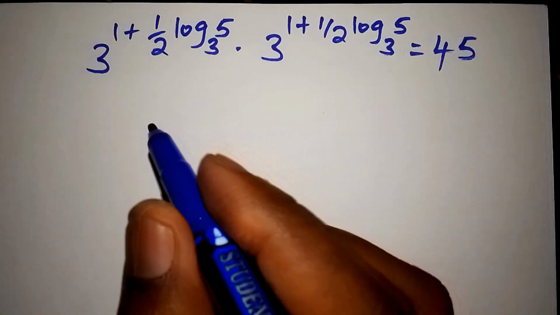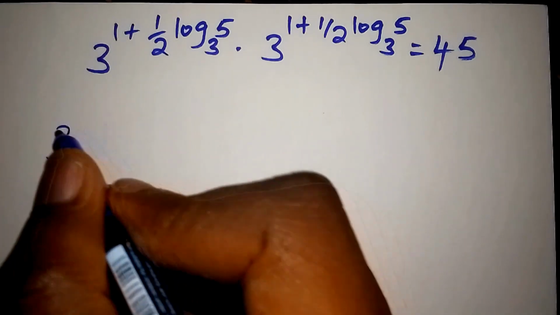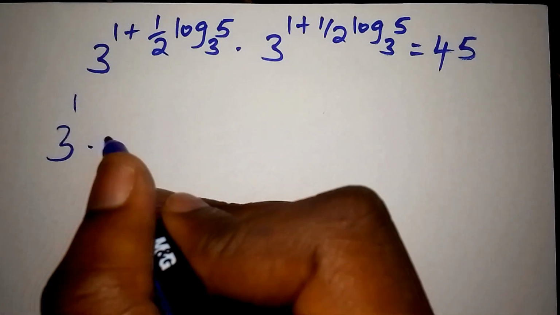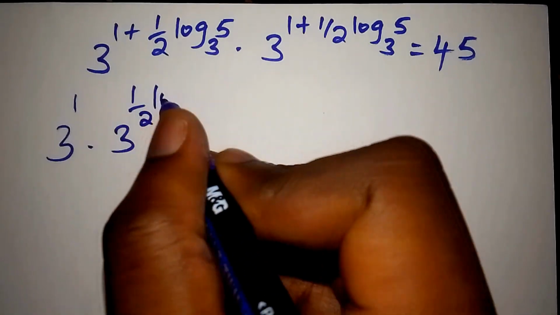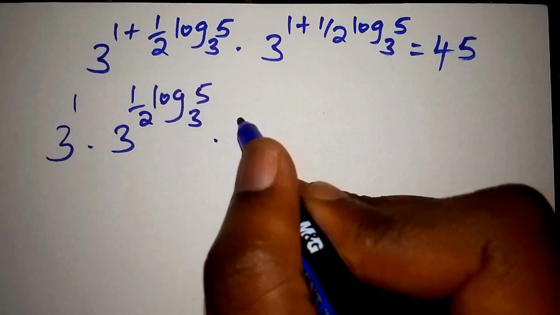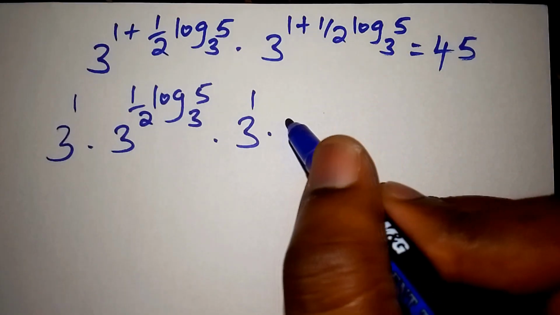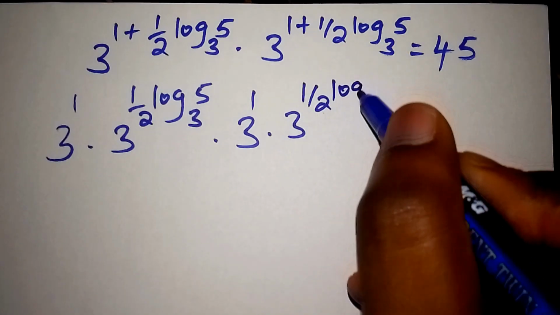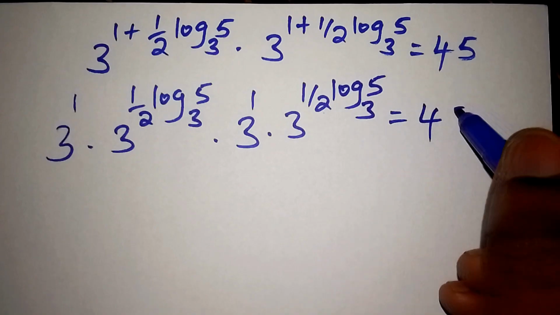So when we rewrite this maths problem, we shall still have now 3 to the power of 1. So plus shall change to multiplication, then multiply by 3 to the power of a half the log of 5 to the base of 3, multiply by 3 to the power of 1, then again multiply because of plus 3 to the power of a half the log of 5 to the base of 3 is equals to 45.